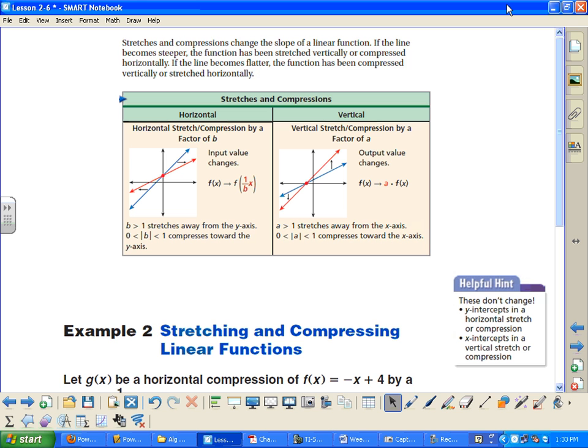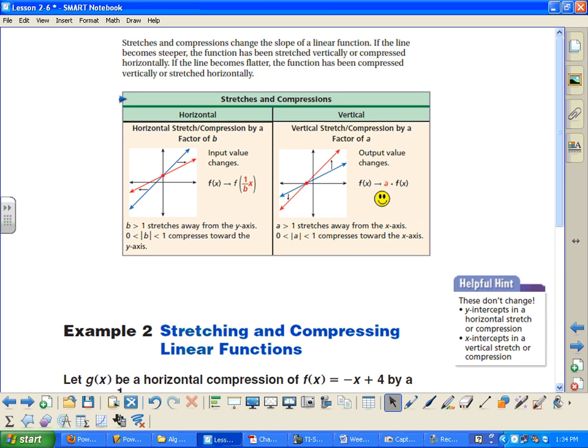So if we look here at a horizontal stretch, notice that the slope is going to change, the steepness of the graph changes, but the y-intercept stays the same. Okay, it's in the same spot. Over here, vertical stretch or compression. The slope changes, it either gets steeper or less steep, and the x-intercept stays the same, or it crosses the x-axis. So there's a couple things to remind you.